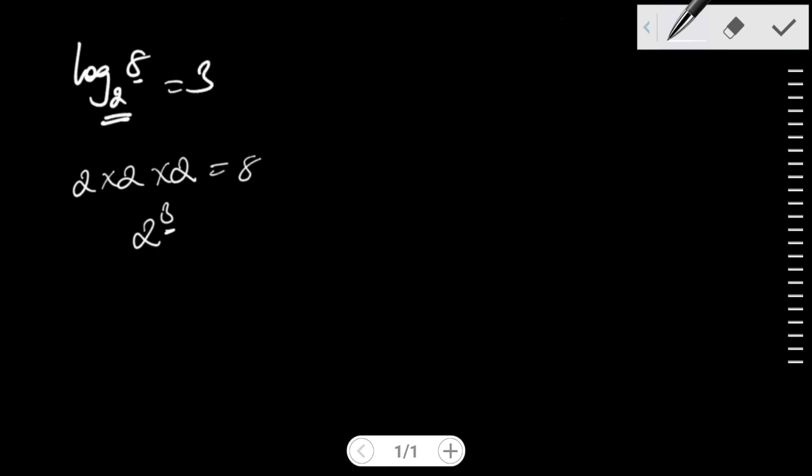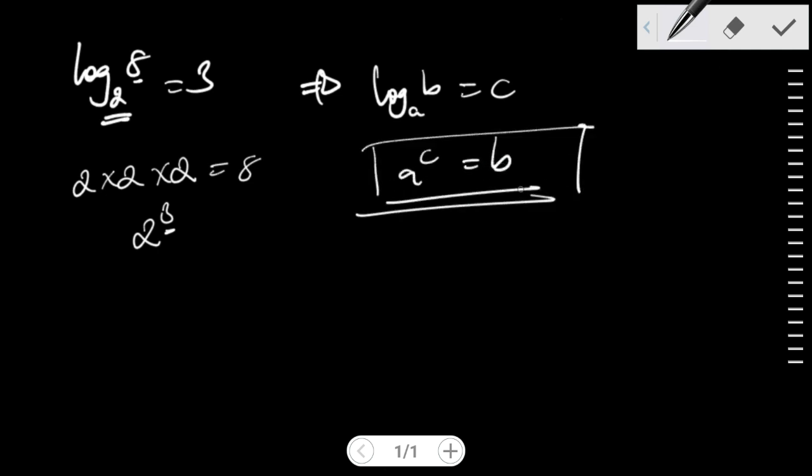The main property we are relying on here is that if log base a of b gives me c, then a raised to the power c gives me b. That's why they say the power given to the base is the one that gives you the particular number.